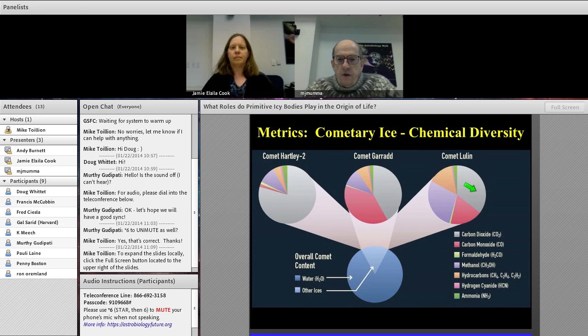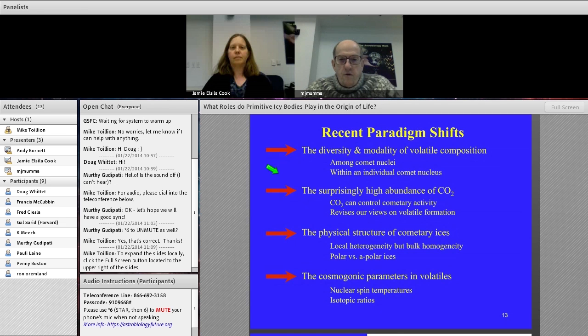So again, if you look at other molecules differentiated by these colors, you can see, for example, a huge difference in this particular species as you go from comet to comet. So this is a clear indication that perhaps they were formed in different regions of the protoplanetary disk, or incorporated material formed in those different regions, and so on. And this is part of the puzzle that we need to get answers to.